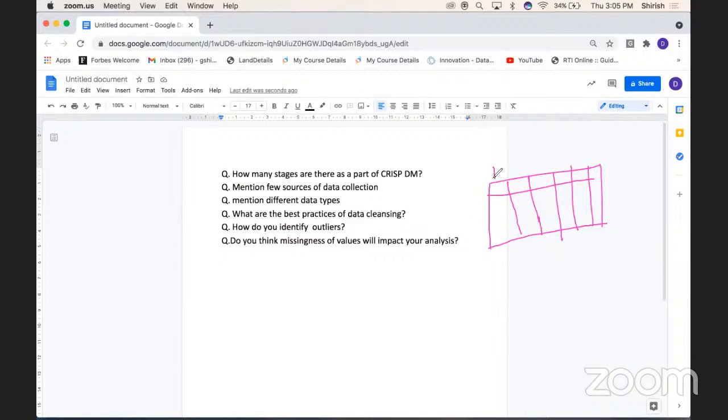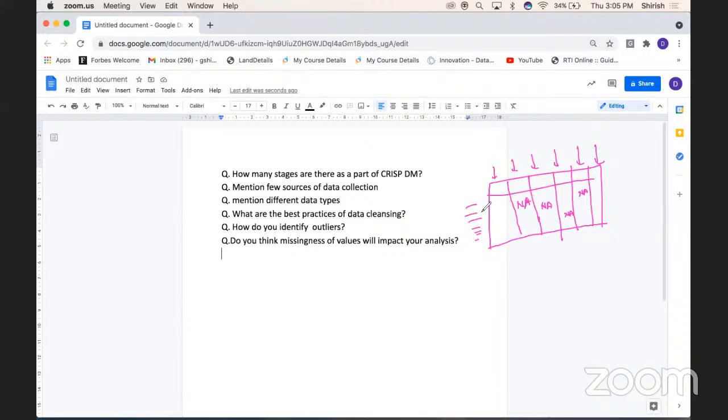These are your column names. It could be anything: salary, age, experience, income. These are the people's data, right? Suppose we have to replace with some value, if you have NA values here and there. Because if you don't identify any missing values, what happens here?